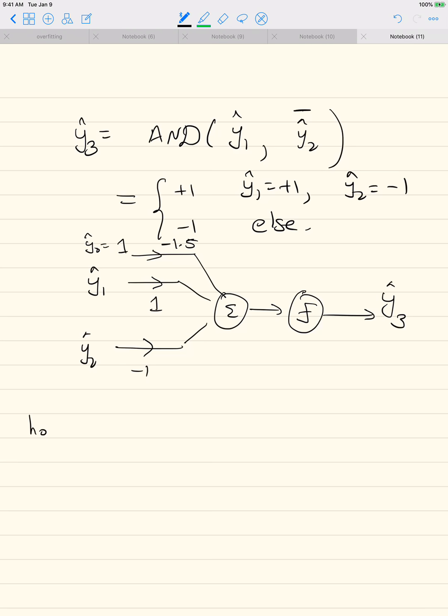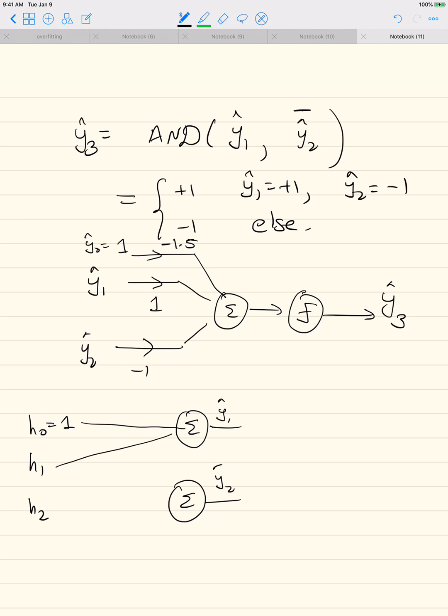So the final implementation will have h0, h1 and h2. h0 is 1. Then we compute two intermediate values. One is Y1 hat, the other is Y2 hat. For Y1 hat, we just have these connections. Y1 hat is the OR function, so this gets multiplied by 1.5, 1 and 1.